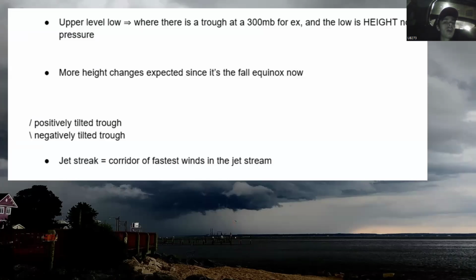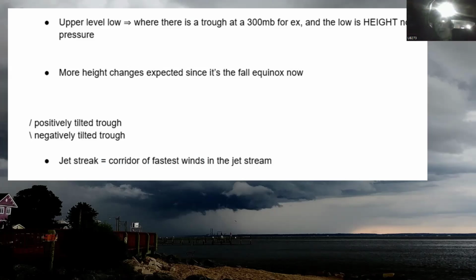That's going to be where there's a trough, and that means height is low, not pressure, because once again, the map is of constant pressure but differing heights. So a low on these maps, instead of meaning low pressure, is going to mean low height. That means to get that pressure, which might be 300 millibars, for example, you have to go to a lower height to get to that pressure. That's what that means. More height changes are expected since there's a fall equinox.